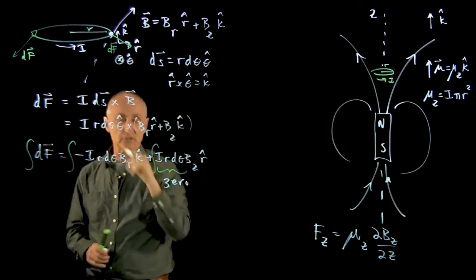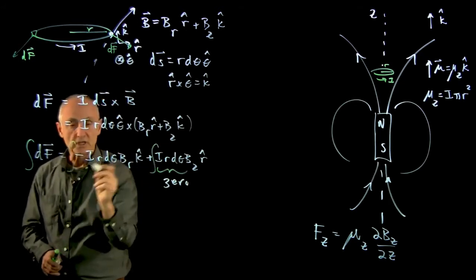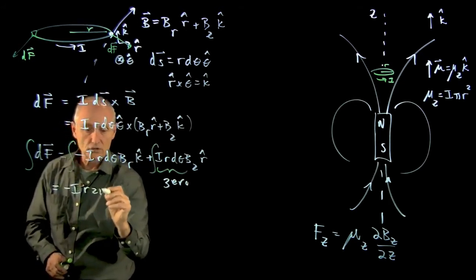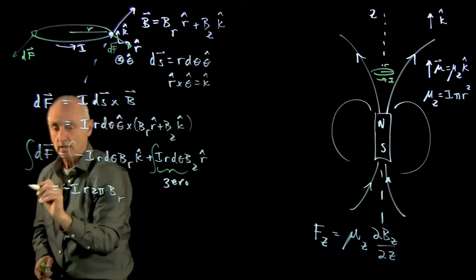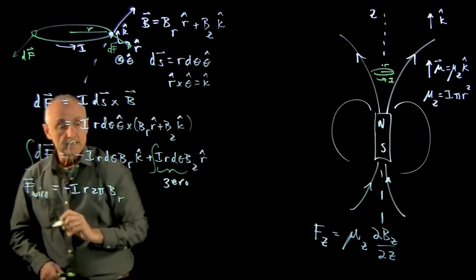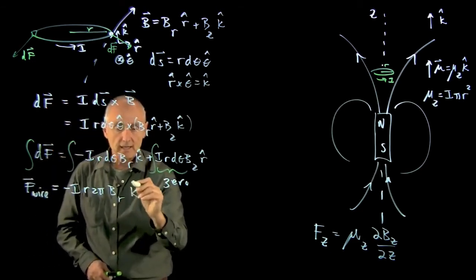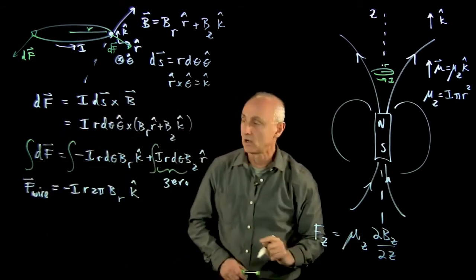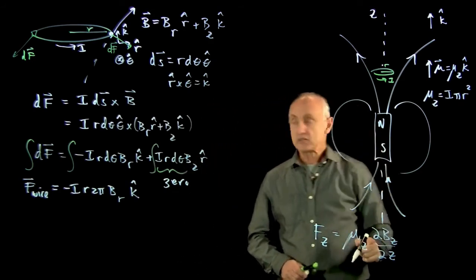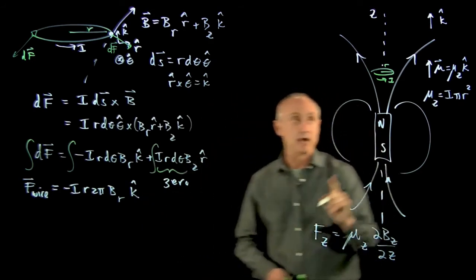The radial pieces cancel, and we're only left with this vertical piece, and that's equal to minus I r 2 pi Br is the force on the wire. Now, at this moment, it doesn't quite look like our result here, but qualitatively, let's check that the force is down.